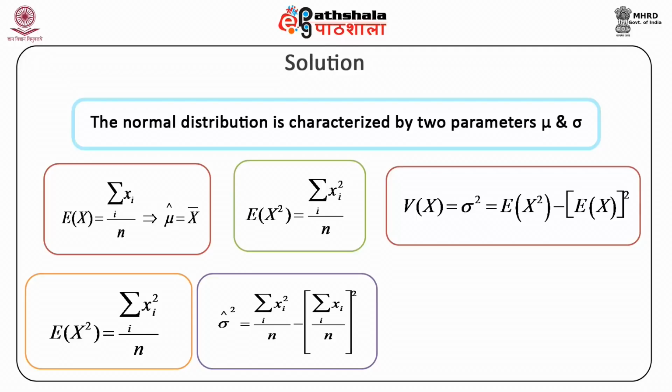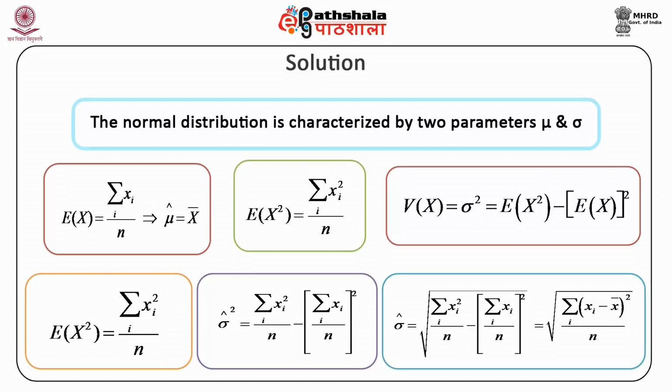Sigma hat therefore is equal to under root of this entire expression, which is summation xi square by n minus summation xi by n whole square.